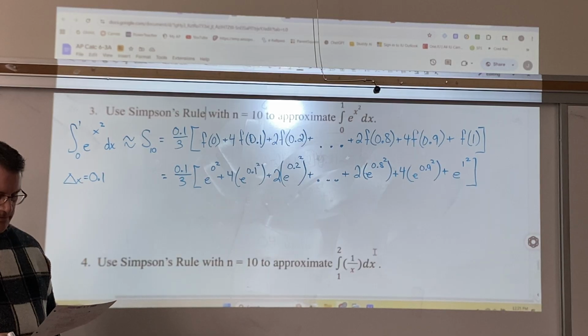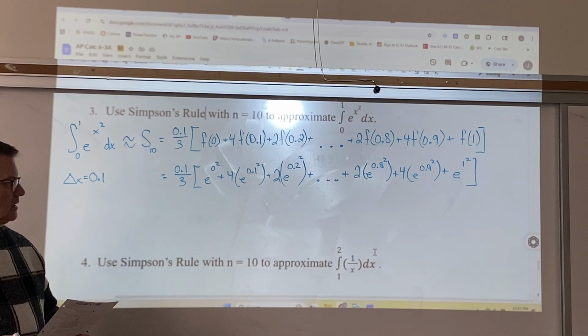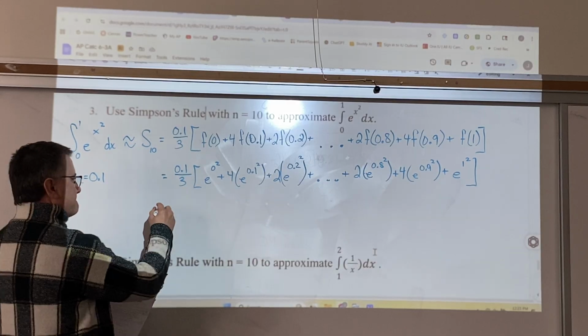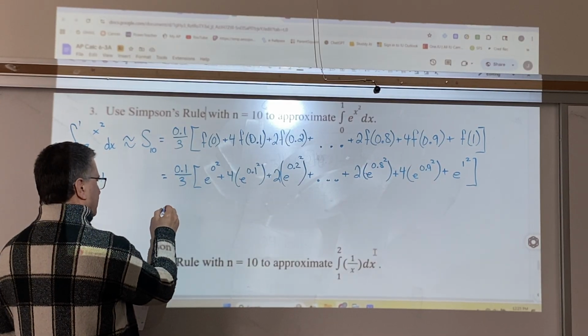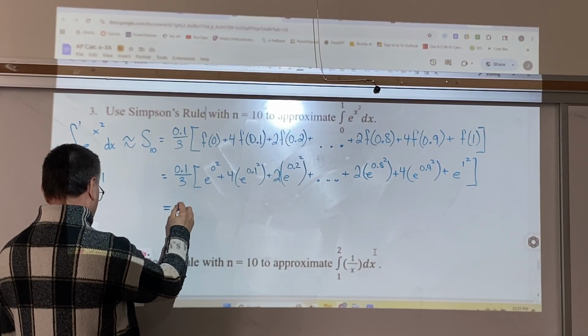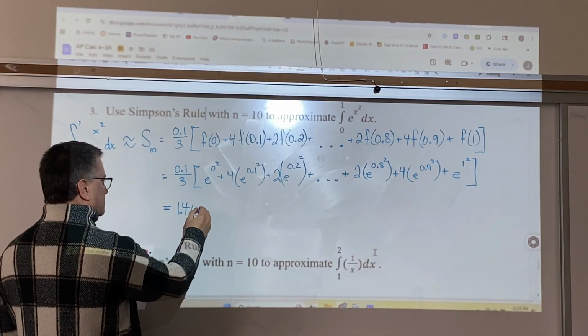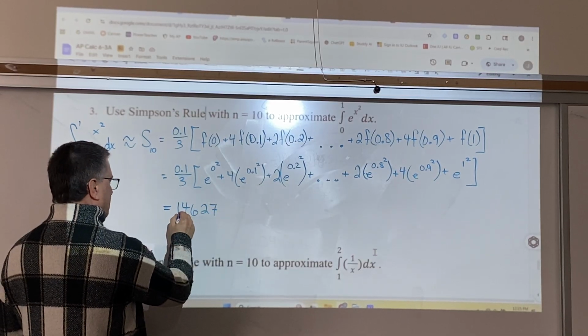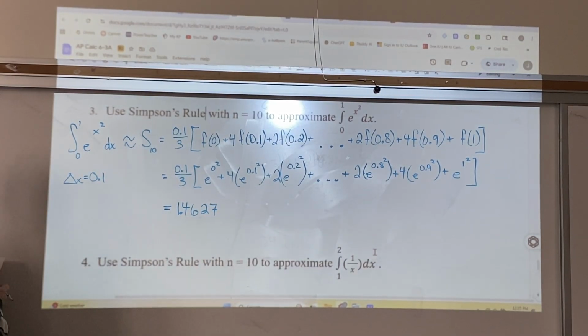Where's my answer to this one? Oh, shoot. Okay. Here I got 1.4627. Okay, what did I get before? The trapezoid one gave me 1.4604.